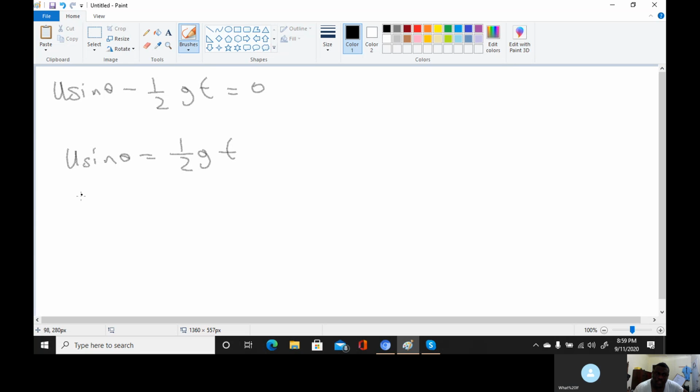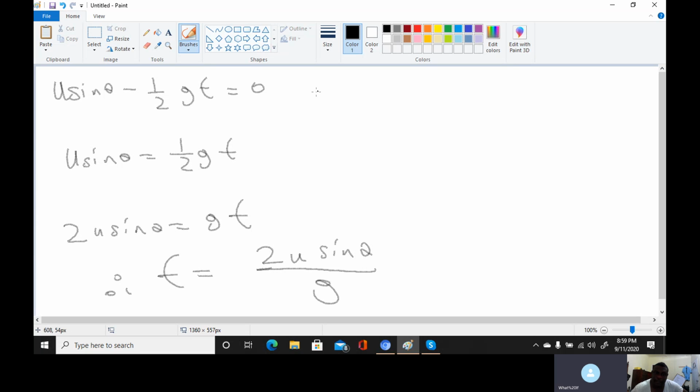I'm just going to multiply both sides by 2 to get rid of the half. I'm going to have 2u sine theta. So 2 times a half is just 1, so 1 is understood to be here, so I don't have to write it. Divide both sides by g. Therefore, I'm going to have t is equal to 2u sine theta over g, right?